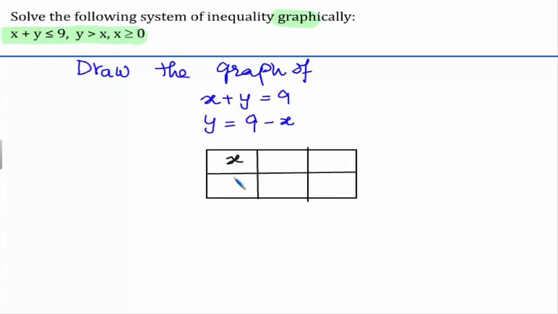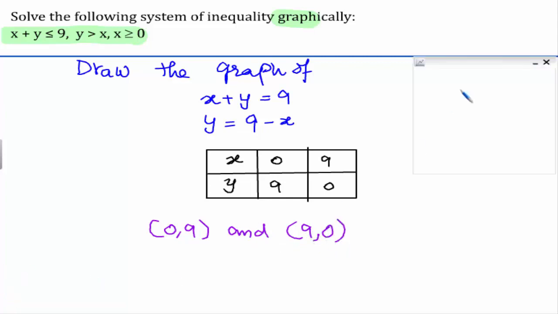Let us select the values for x and we'll get the values for y. If x is equal to 0, then y will be 9. If x is 9, then y will be 0. So the ordered pairs will be (0, 9) and (9, 0). Now using these two ordered pairs, let us draw the graph of the first inequality.